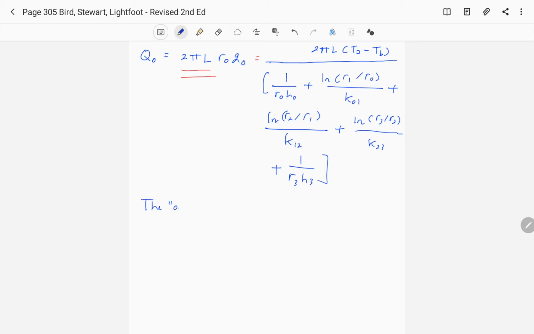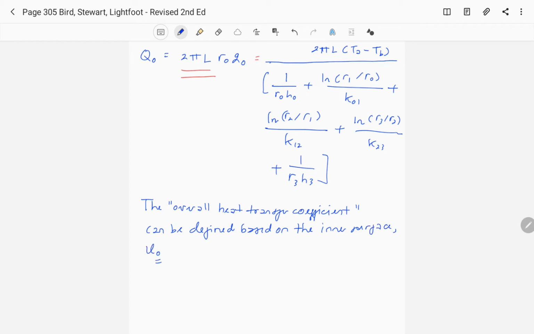And with this, the overall heat transfer coefficient can be defined based on the inner surface, U naught.